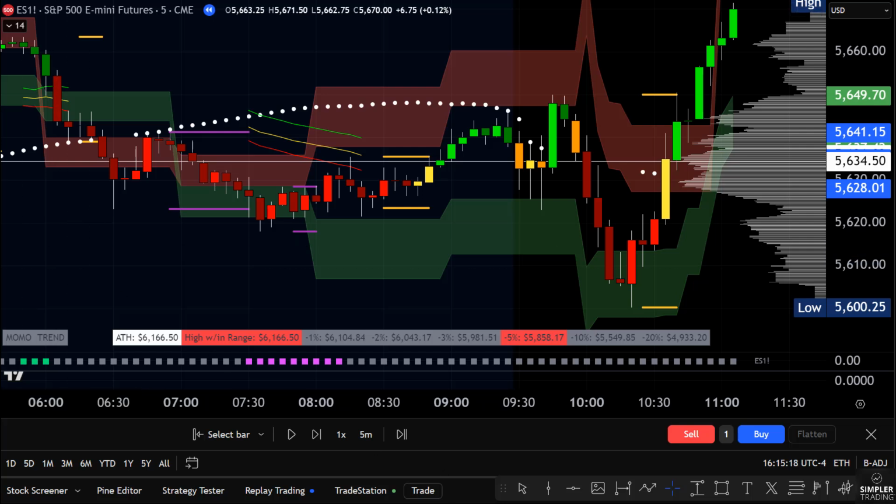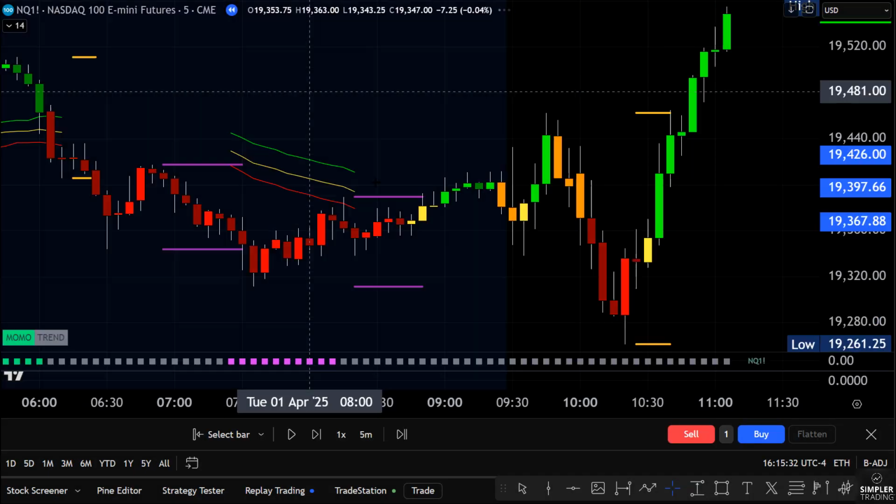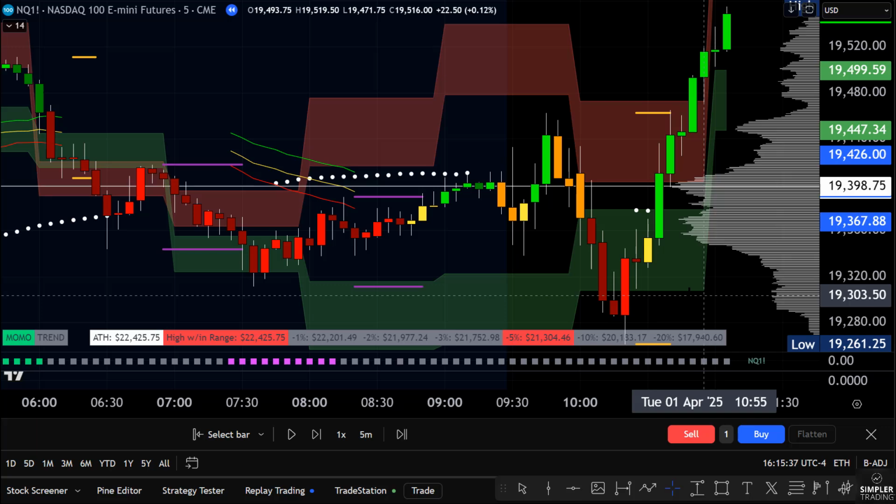And this happened in the S&P. Something pretty darn similar happened in the NASDAQ, but this is the anatomy of a day trade. This is how I want to look at my trading every day with automation and a plan and zones that are highlighted for me to take advantage of.